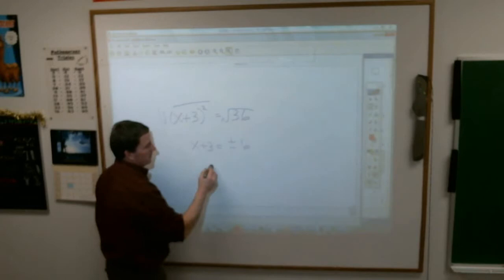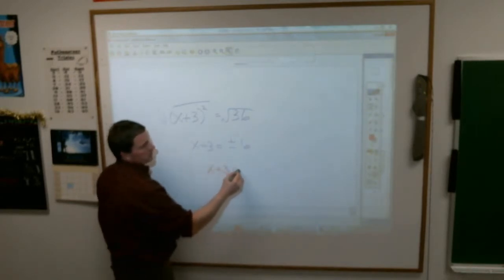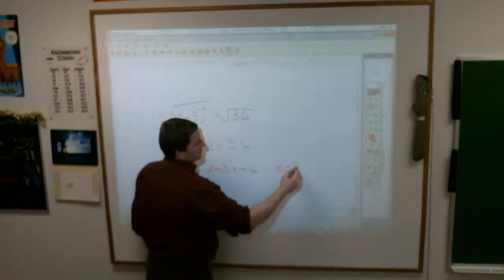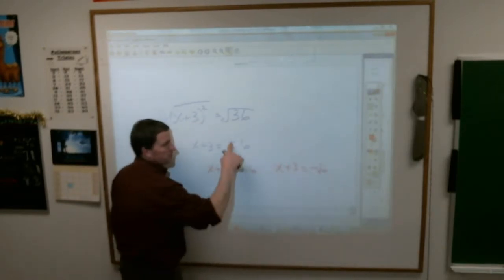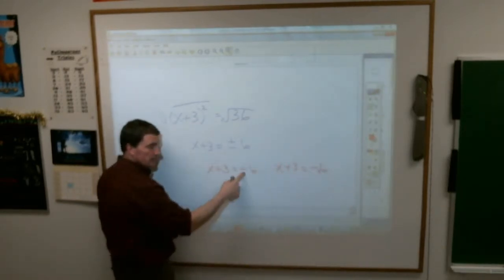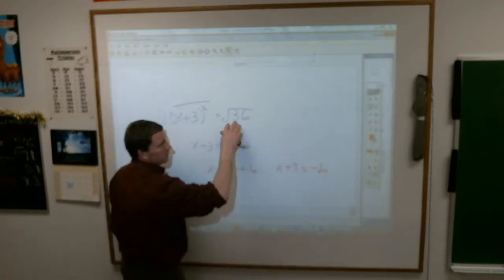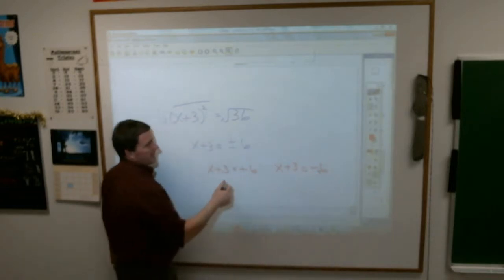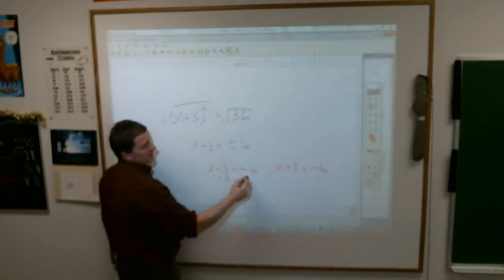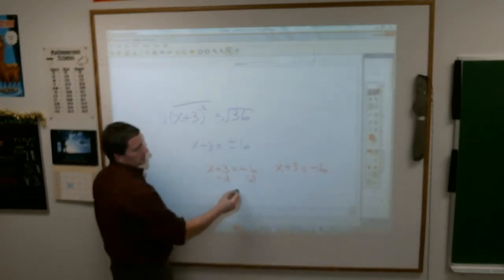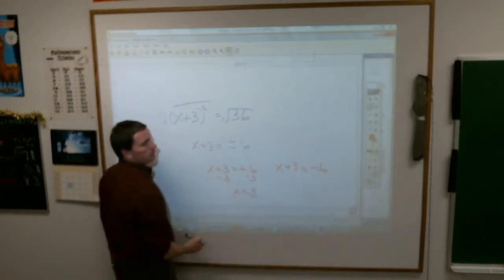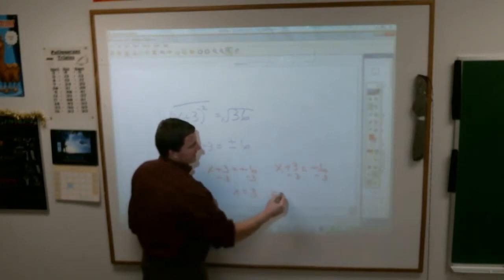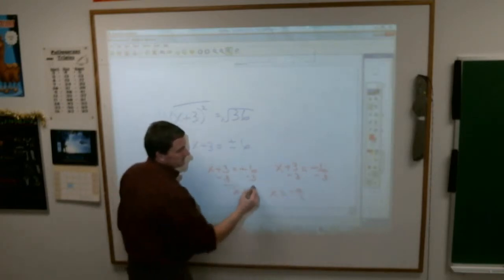One of the answers comes when x plus 3 equals a positive 6, and the other answer comes when x plus 3 equals a negative 6, because you have to do it once with the positive, once with the negative, because the square root of 36 is both positive 6 and negative 6. So now I need to get x by itself by subtracting 3. So x is going to equal either 3 or x is going to equal a negative 9.